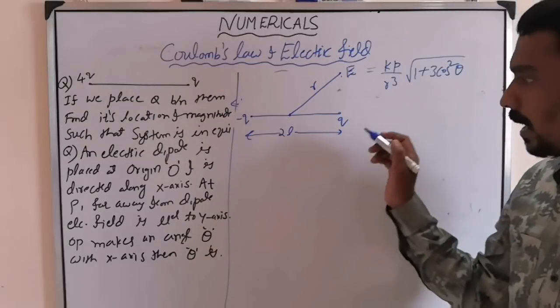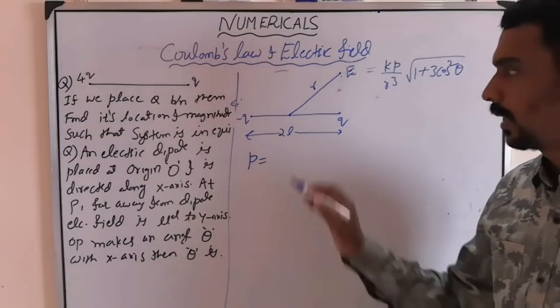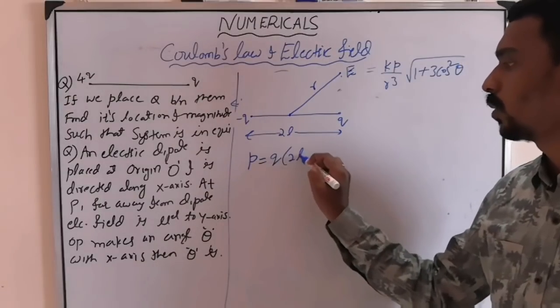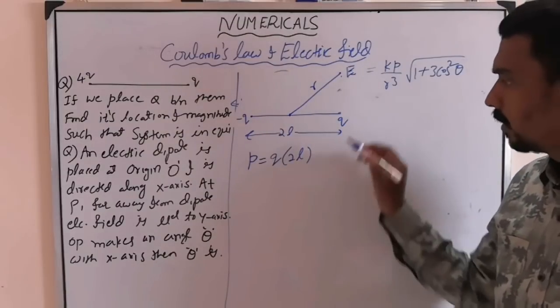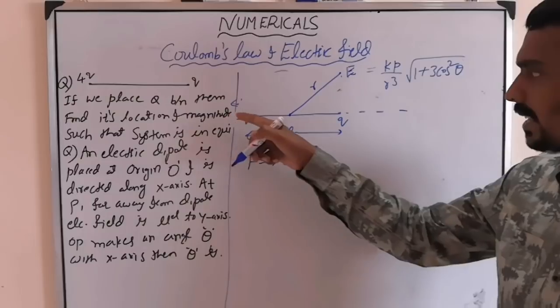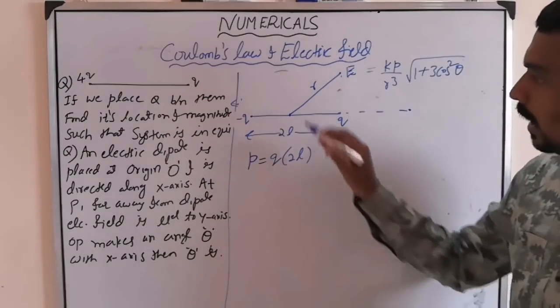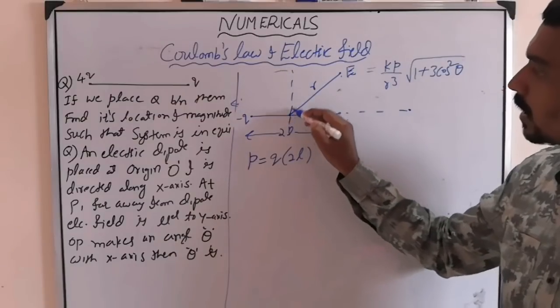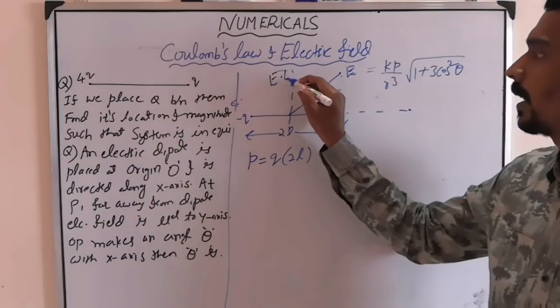And before that we have taken the electric dipole moment. Dipole is q into 2l, charge into the distance between them. The line joining them is called the axial line, and the line passing through the center and perpendicular to the axial line is called the equatorial line.